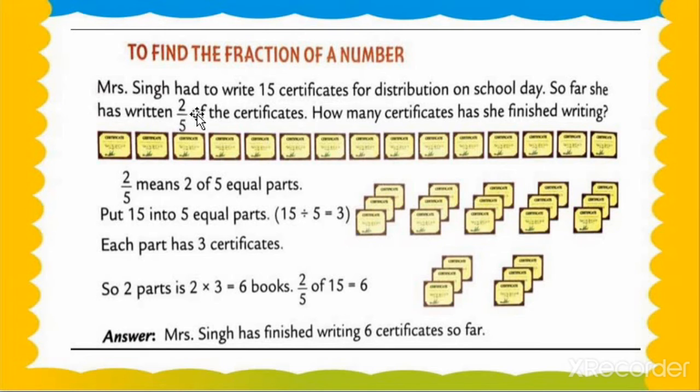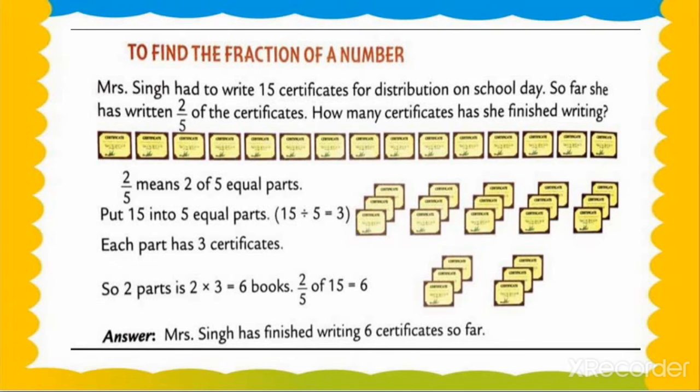The numerator. So first of all, this digit, 15, divide with the denominator, and then we get the answer, and multiply the answer with the numerator. Understood? Now, my dear students, we only mention the digit, meaning the answer. No need to write a full sentence. Got my points?